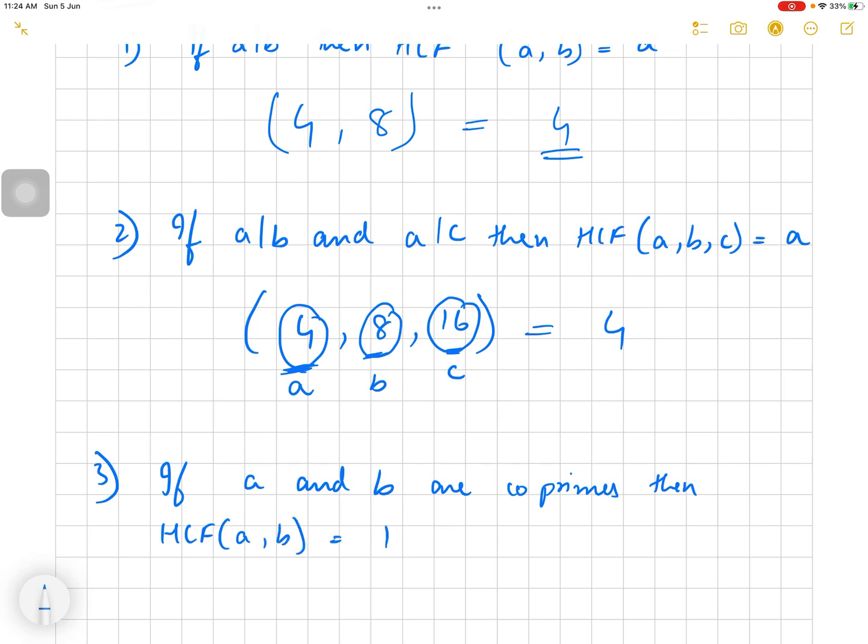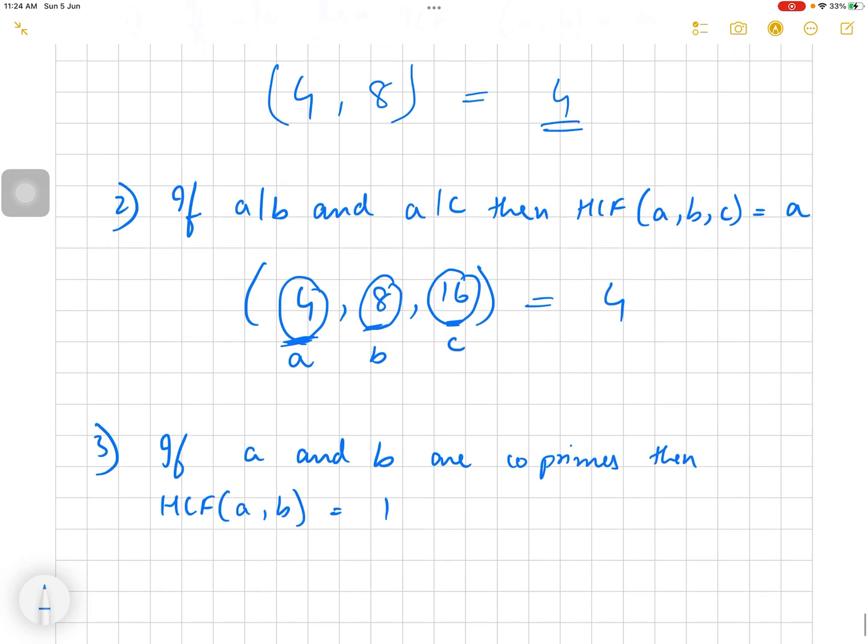So if they are co-primes, both are not divisible by any number. I mean, there's no common factor between them. In that case, there's no common factor at all. So HCF is equal to 1. When there are no common factors, then HCF is equal to 1.